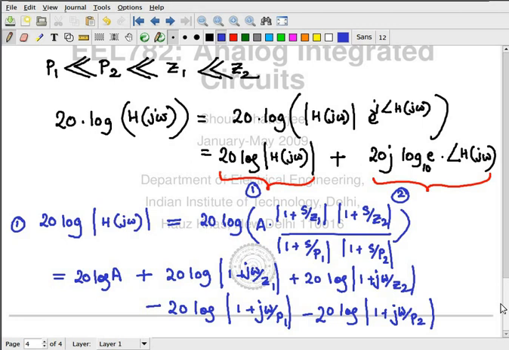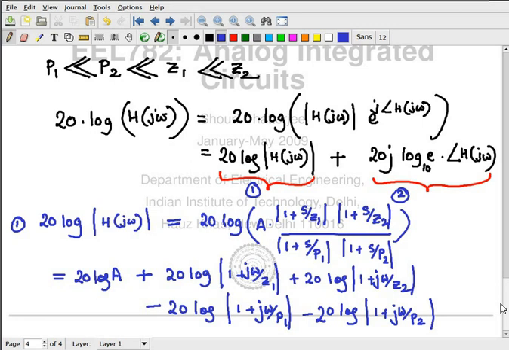Okay. So 1 plus j omega by P1, look at this calculation. 1 plus j omega by P1, with omega much greater than P1, is approximately equal to j omega by P1. The modulus of j omega by P1 is equal to omega by P1.